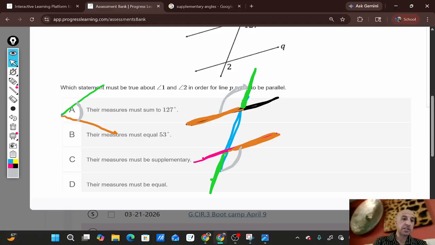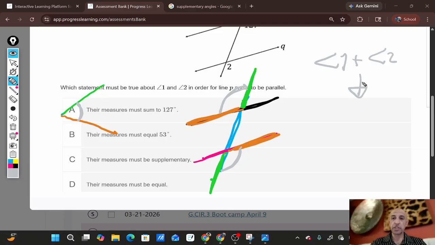Talking about supplementary angles, that means if we are talking about angles 1 and 2, angle 1 measurement plus angle 2 measurement should equal 180 degrees. So that's exactly the meaning of supplementary angles. Their measures must be equal. Okay.